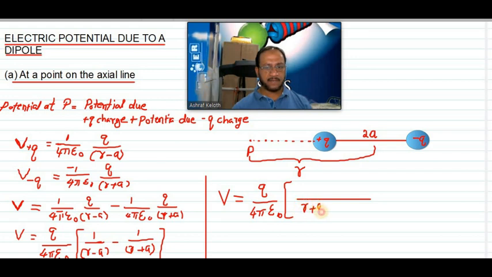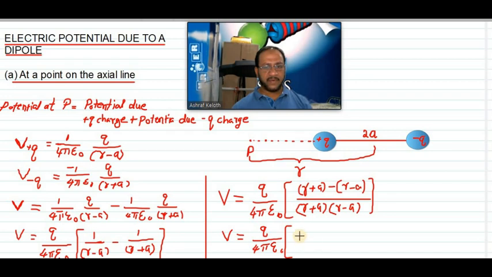For the numerator, I cross multiply: R plus A, then minus in bracket R minus A. So potential V is equal to Q by 4 pi epsilon naught, and the denominator a plus b into a minus b is a square minus b square, so R square minus A square.